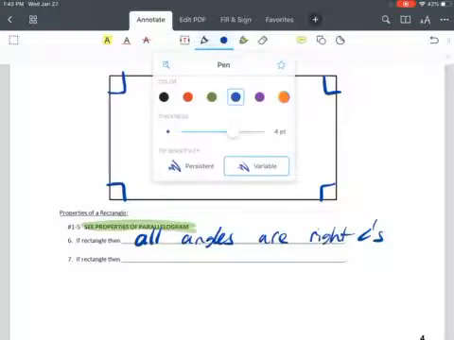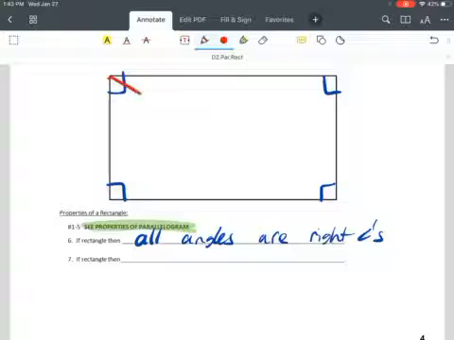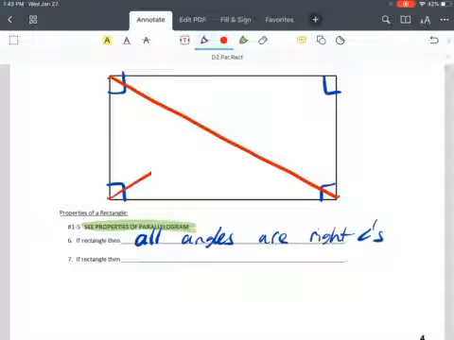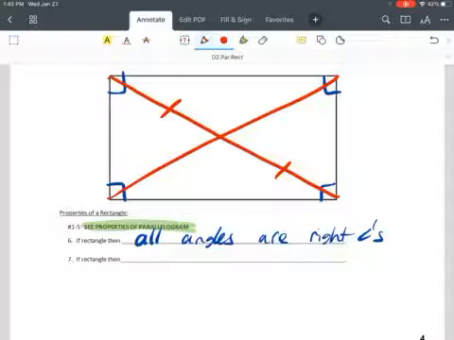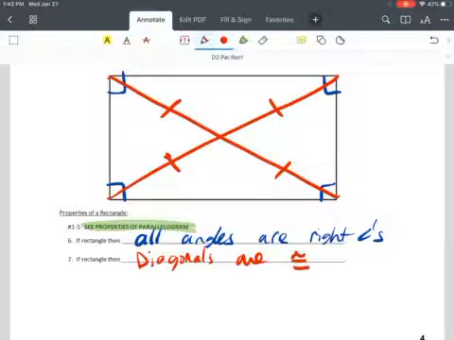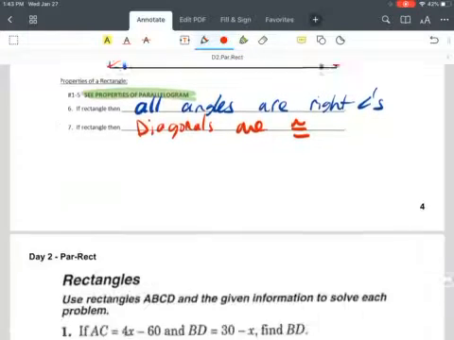And then also, not only do the diagonals bisect each other like in a parallelogram, but also they are congruent, which means all of those parts are equal. So diagonals are congruent. So we can apply these 2 properties for rectangle problems.